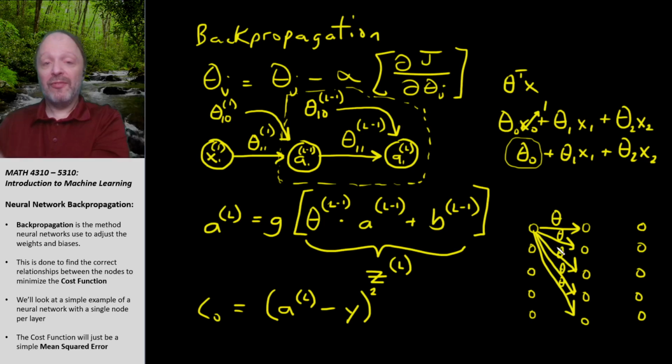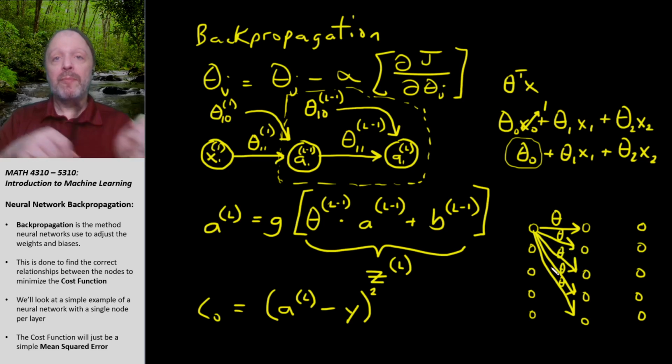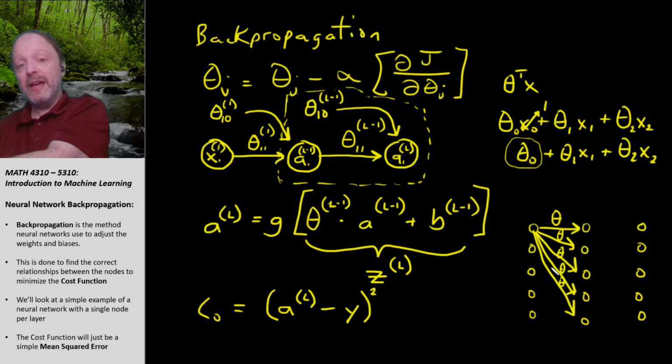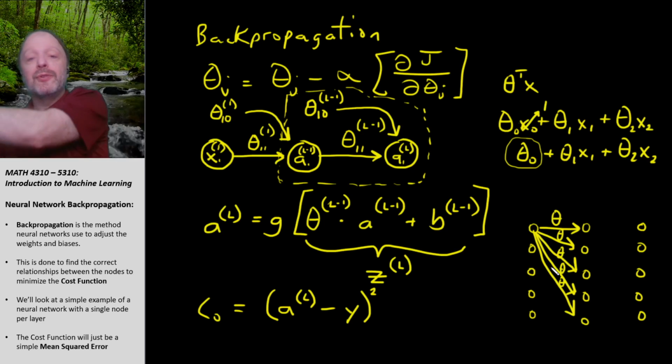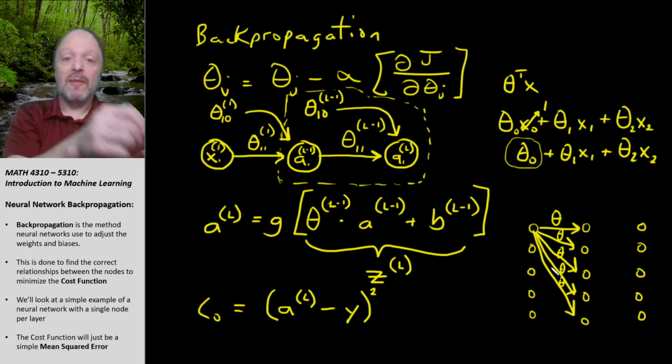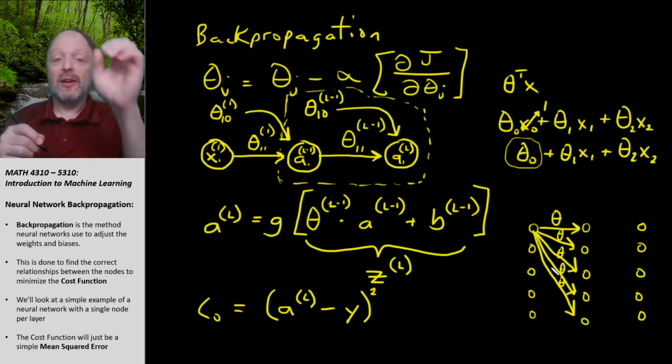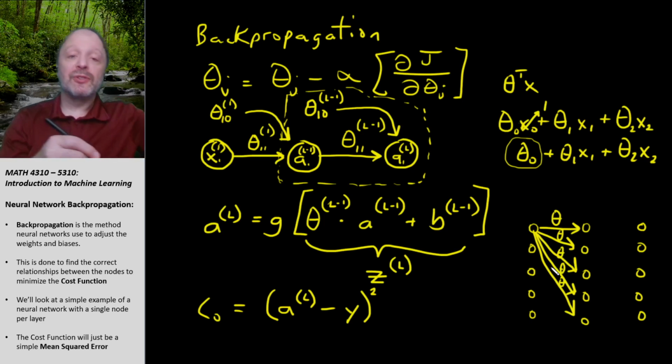In order to simplify things, it turns out the math works out just beautifully if you do it this way. When we make our final guess and then evaluate how well we did, now we have to adjust the parameters. We have to go backwards, making changes to our theta parameters. Once we do that, we go backwards to the next layer, adjusting the theta parameters.